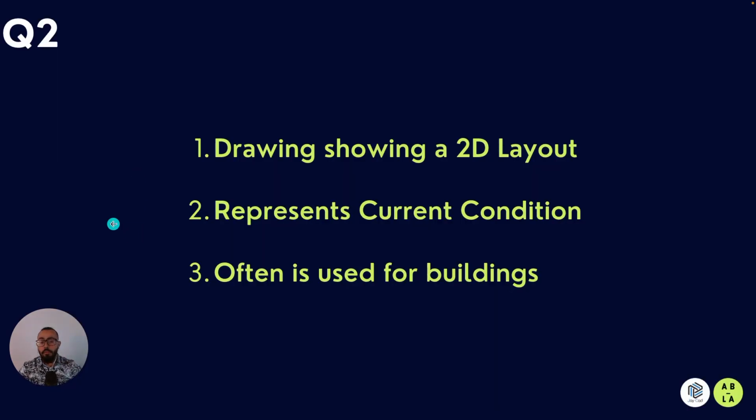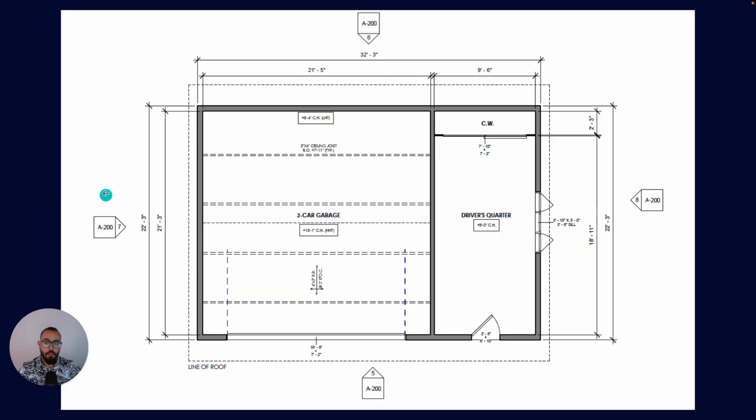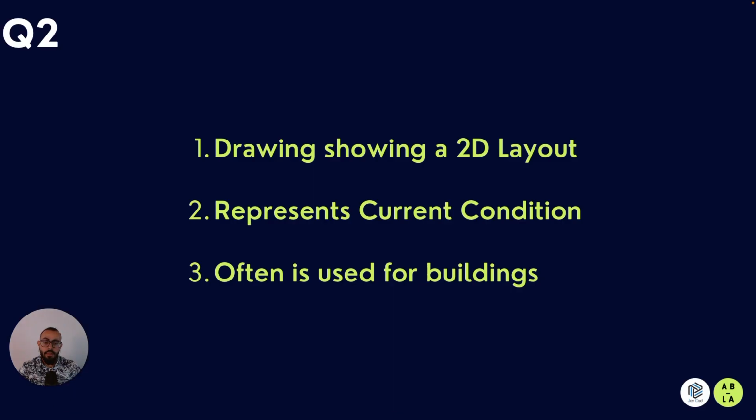So an as-built drawing is basically a drawing showing a 2D layout. Back to the example I was looking at earlier, this is a 2D layout of a building, and we're looking at it in a floor plan format. So it's a floor plan drawing representing an as-built condition. The second thing is that an as-built drawing represents current condition.